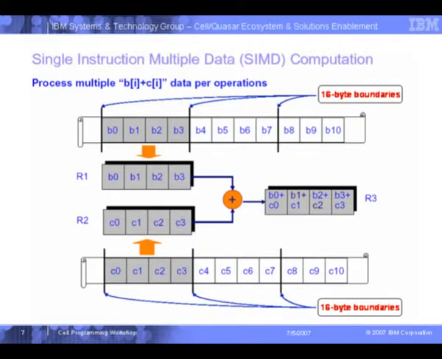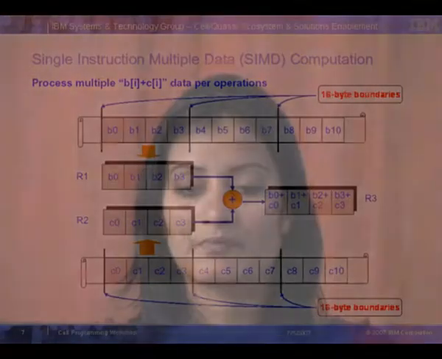We'll see another example about that. But whenever you add R1 plus R2, they're always added in order: B0 can only be added to C0, B1 can only be added to C1, and B2 can only be added to C2. Whenever we do any computations between two vectors, they're always done in the same alignment, in the same offsets.